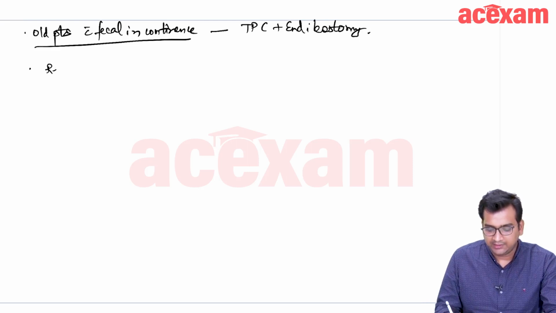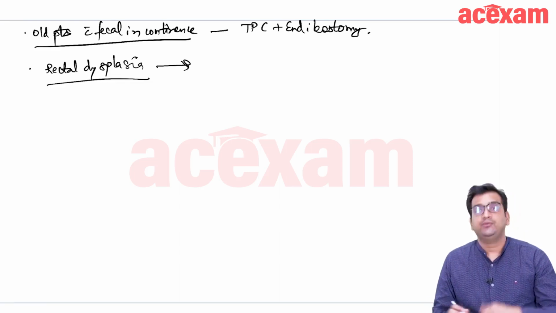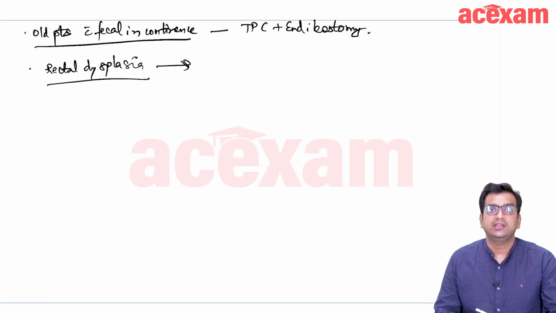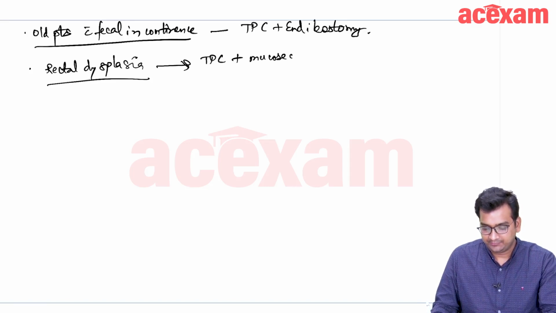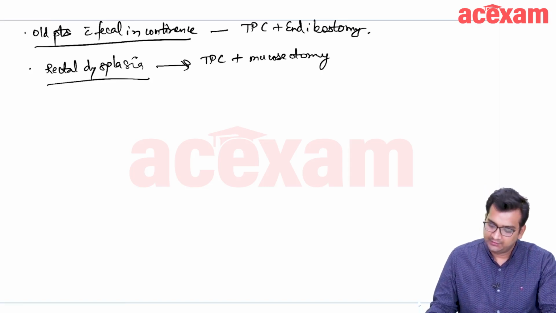If there is presence of rectal dysplasia, then either we can perform total proctocolectomy with end ileostomy, or we can do total proctocolectomy with mucosectomy with a hand sewn ileal pouch anal anastomosis.